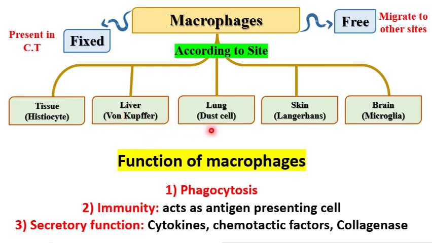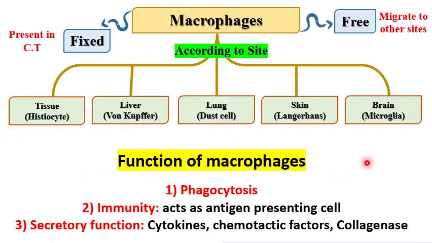Macrophage of the lung is called dust cell, as it phagocytoses the dust from the air. Macrophage of the skin is called the Langerhans cell. Macrophage in the brain is called the microglia. So all of them are macrophages, but they have different names according to the site.